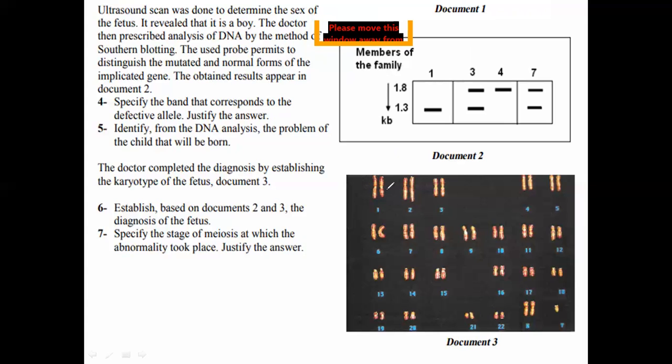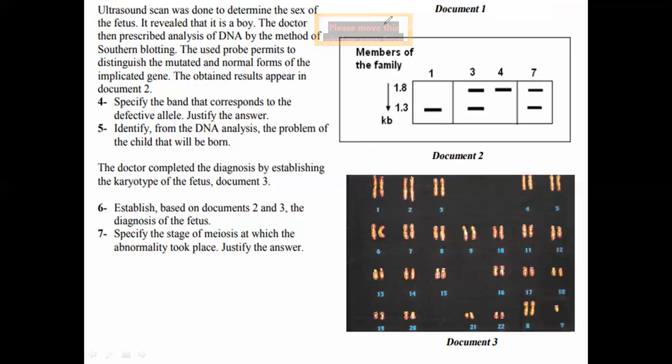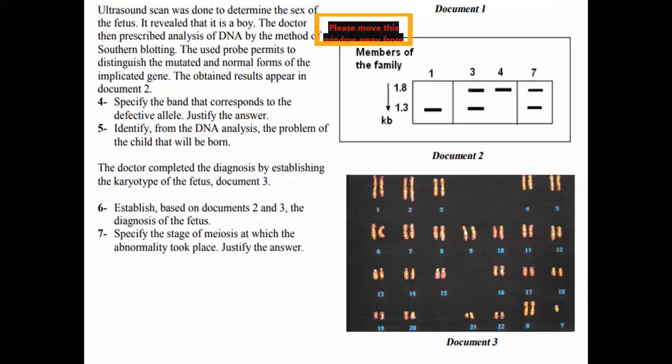Individual 4 is a male, so it carries only one band, X and Y. Individual 7 is the fetus. They said that individual 7 is a male, so it revealed that this is a boy.